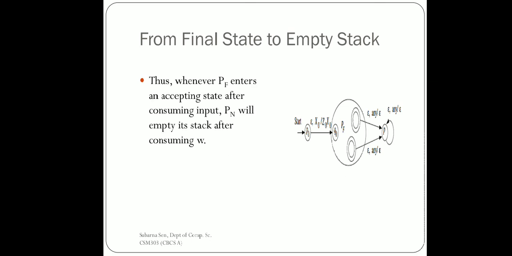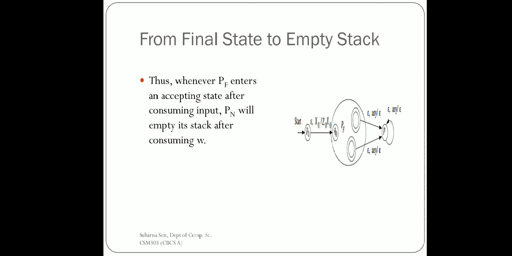Fine. Now, thus whenever PF enters an accepting state after consuming input, PN will empty its stack after consuming W. The thing is the same. Whenever we saw acceptance by final state, when the total input gets consumed, it reaches its final state.